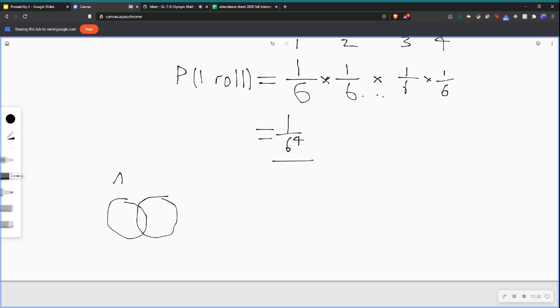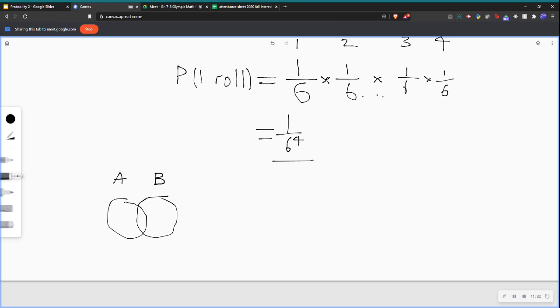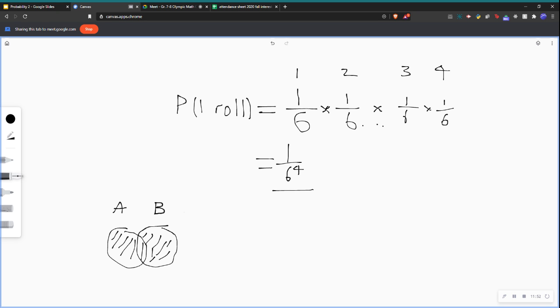Say the left circle is A, the right circle is B. If we're looking at the probability of A or B, it's just the entire area that they cover, including the inside right here. So the entire area that both these circles cover is A or B, or A union B.